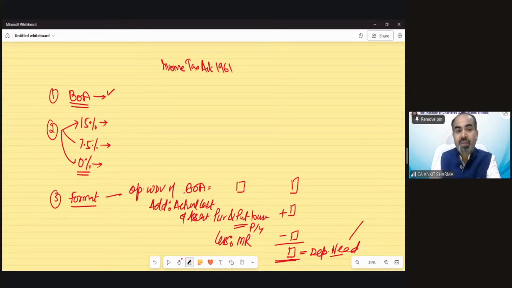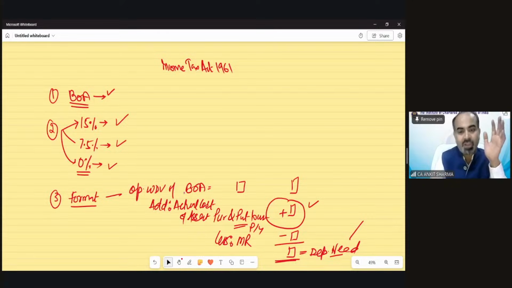There would be either the full rate of depreciation, as I have discussed, or maybe on some part the half rate of depreciation would apply, or maybe there would not be any depreciation on some particular asset if it has not been put to use. If an asset has not been put to use, it will not form part of my depreciation format. So there will not be any depreciation rate. So try to read the provision.